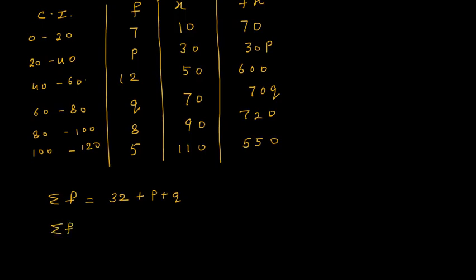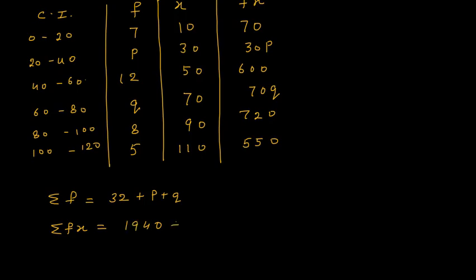Then summation of f into x. Summation of fx: here 30P plus 70Q, you separate it out. Then we have 70 plus 600, 670, plus 720, 1390, plus 550, 1940.